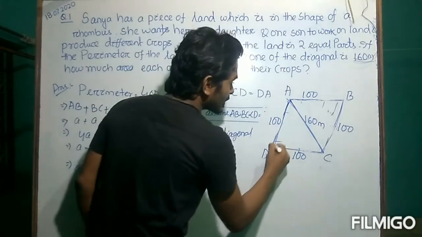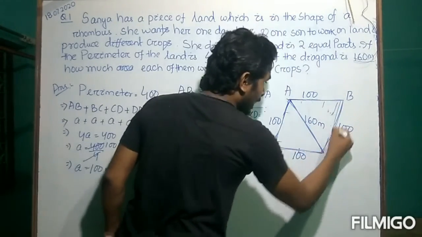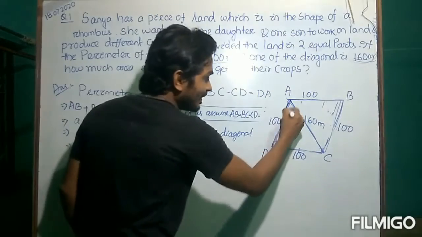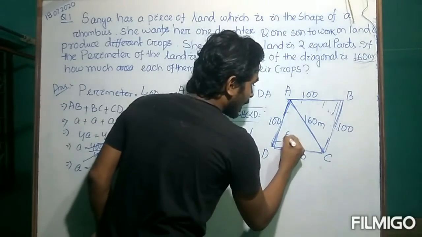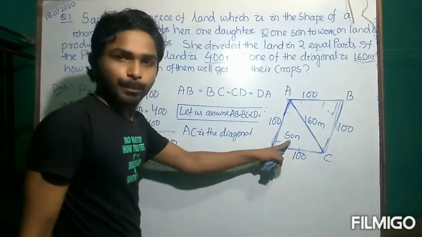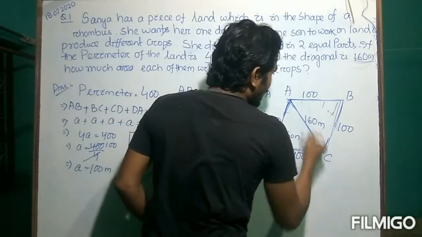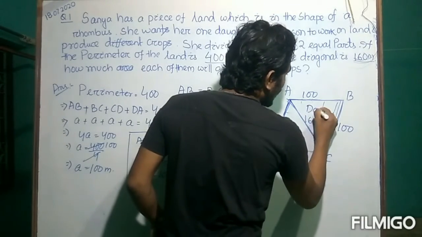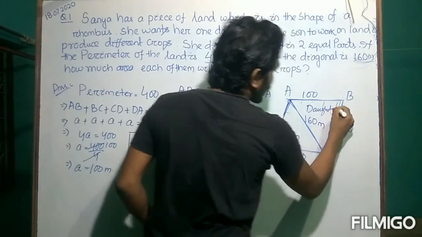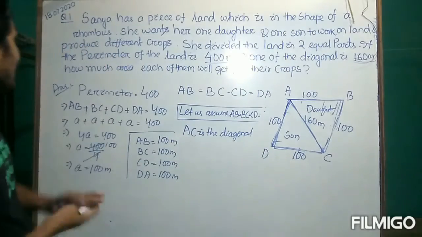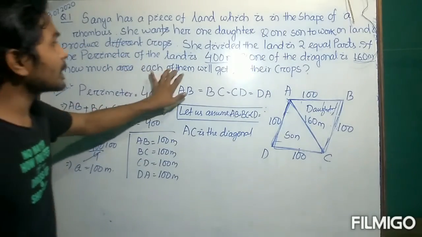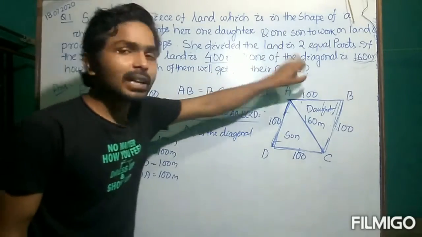And you know this is a triangle, this is also another triangle, and in this triangle her son will grow crops, and in this triangle her daughter will grow crops. Now we have to find how much area each of them will get for their crops.